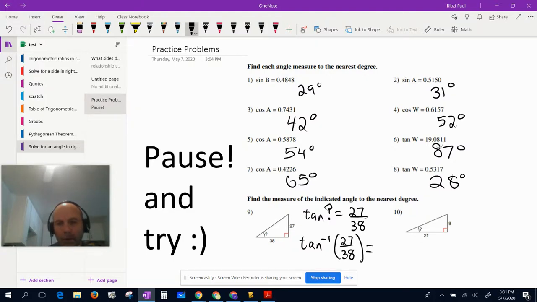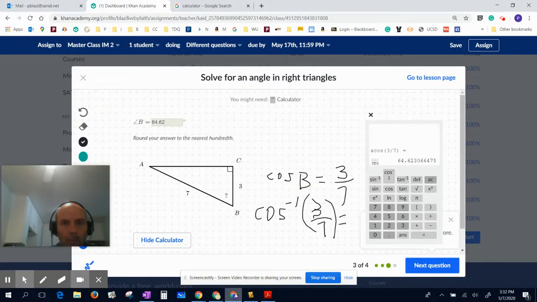Got to remember, you might be thinking other math rules exist here, but these are just function notation. This -1 up here is just a notation, and all it is saying is it's the inverse of the tangent. And you're just going to punch this in your calculator. Inverse tangent of 27/38 is going to give me an angle. All right, so let's see what that is. 27/38, right?